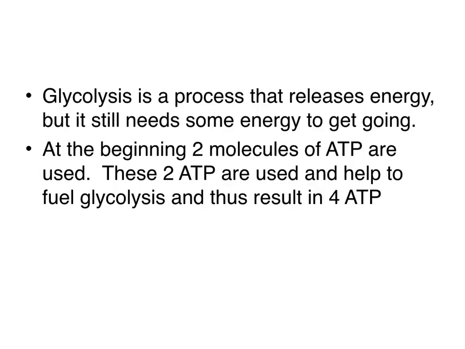You put in 2 molecules of ATP, and these 2 help create 4. So overall, you have 2 net. Net is the number you end up with after you subtract the amount you invested.